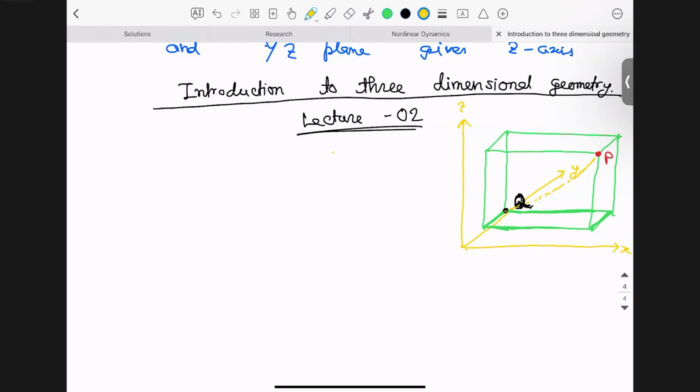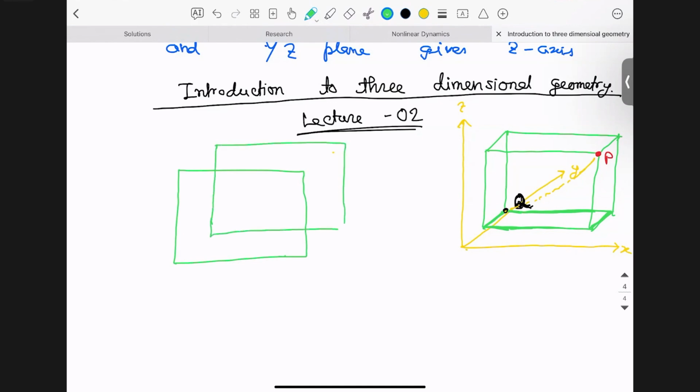So let's draw it here for better understanding again. This is the point Q, this is the point P, and we have to find this distance, right?